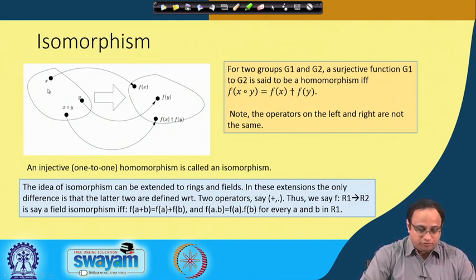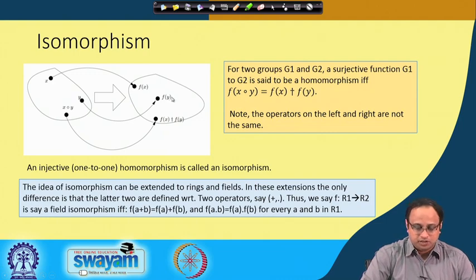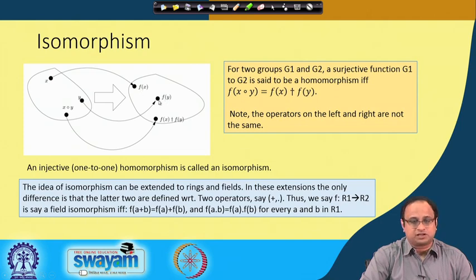Okay. So, if I want to do an operation between x and y and calculate x circle y, I can also do this alternatively by mapping both x and y to the target group G2 by applying the mapping f. So, now I get f x and f y, and then I apply the dagger operation between f x and f y. So, I get f x dagger f y.